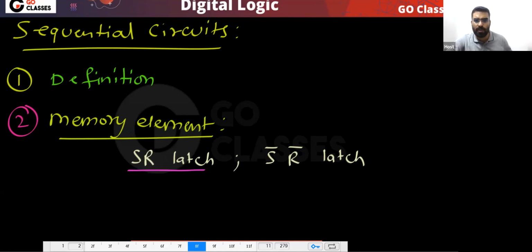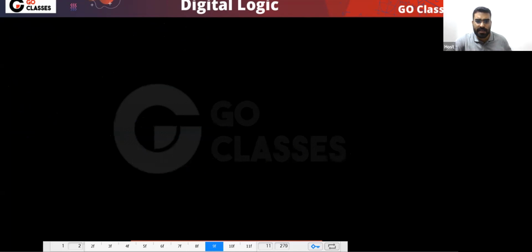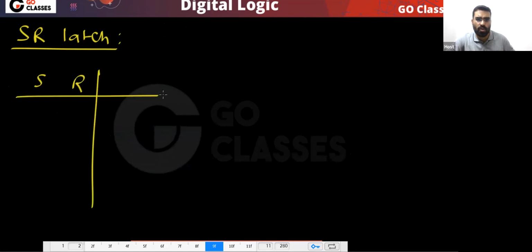The most important point about SR latch: in SR latch, this is your S, this is your R, and this is your next output. If both S, R are 0, 0, then the next output will be the retain state, meaning the next output will be the same as the present output.